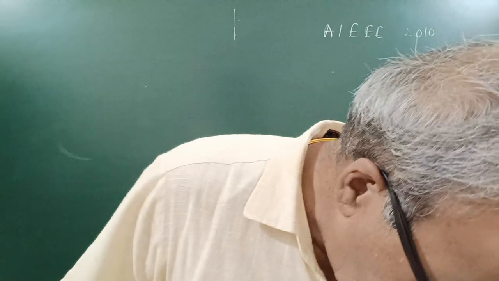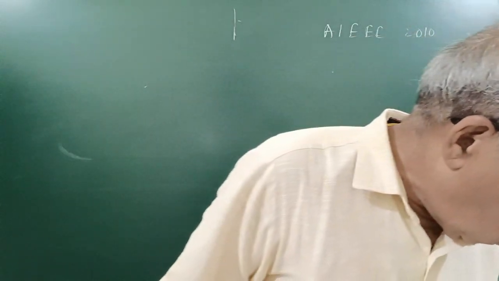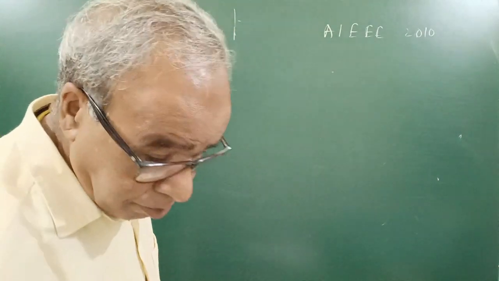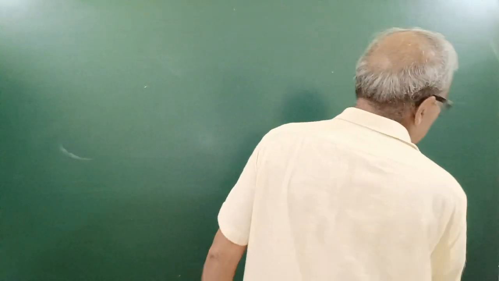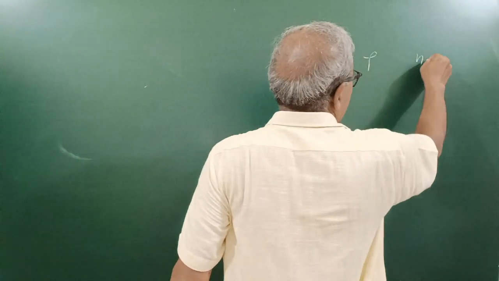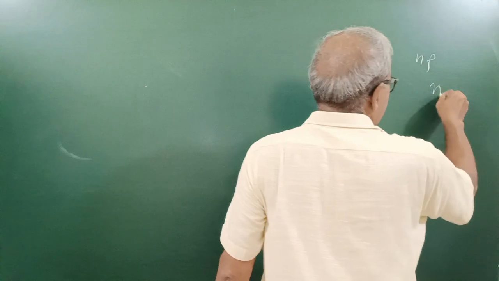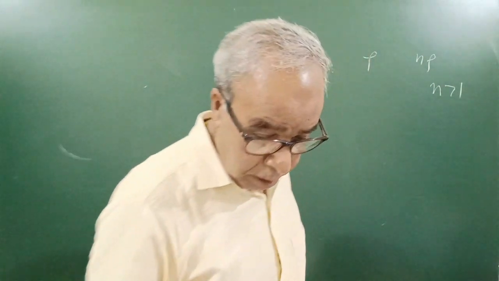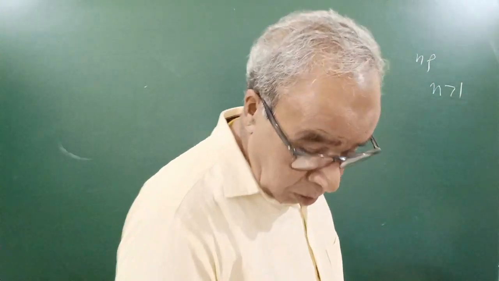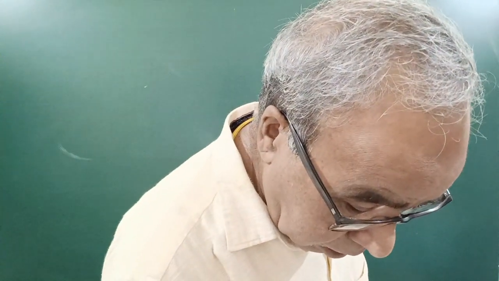Now there is another question again on pressure and density. Two immiscible, non-mixing liquids of density rho and density n rho, where n is greater than 1, and this density is higher than this, are put in a container.